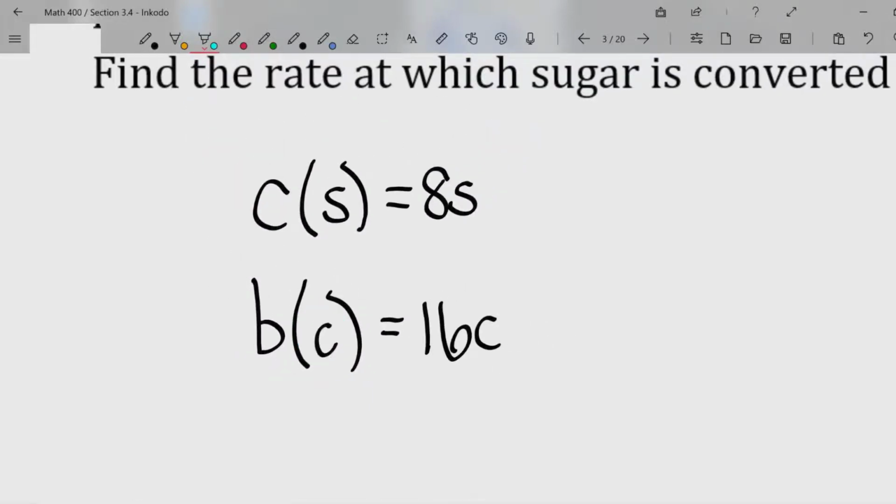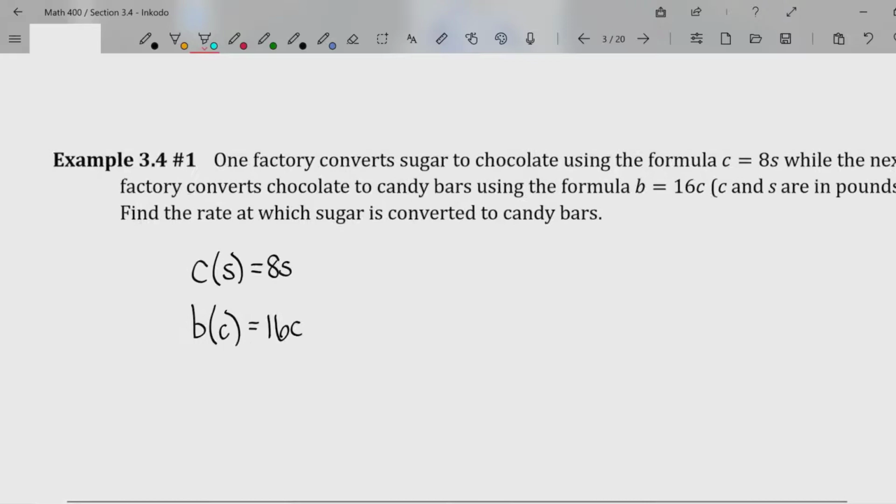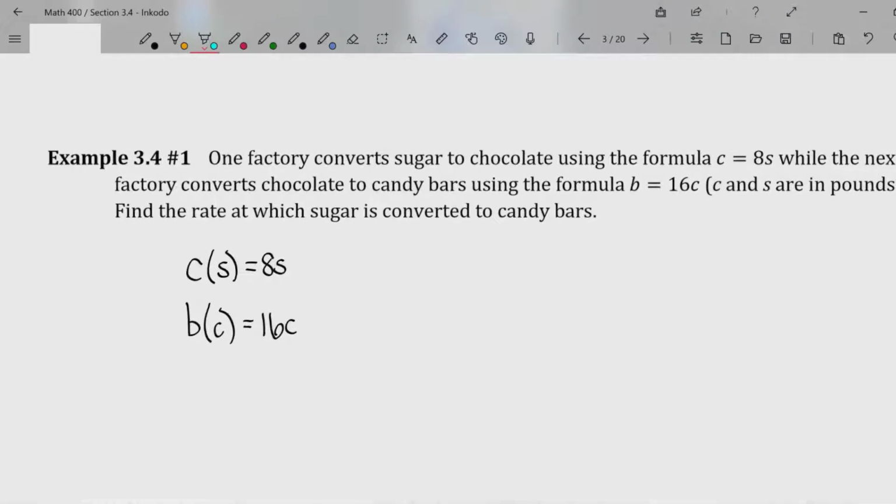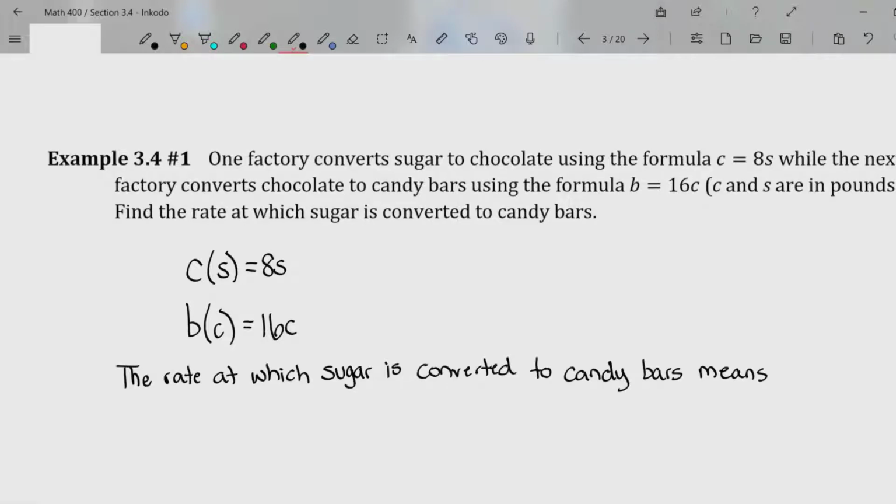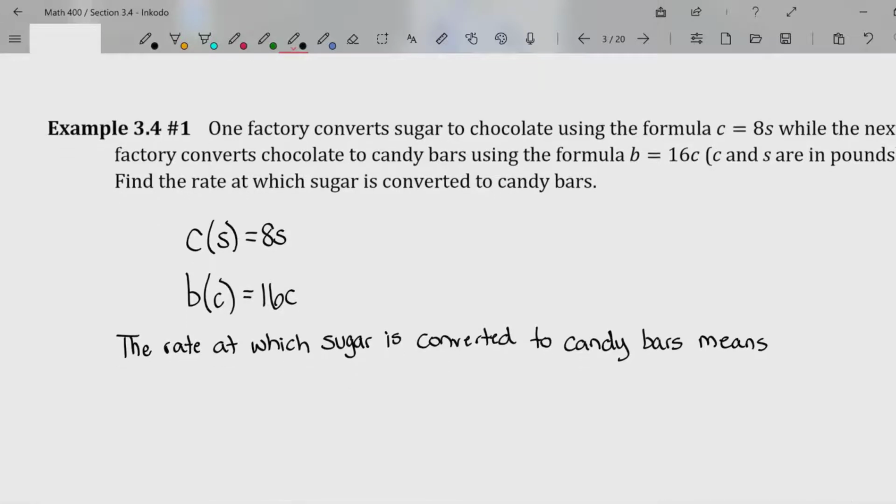So I could do that. But let's see what they're asking within this problem. Find the rate at which sugar is converted to candy bars. Well, this will help if I reword this problem a little bit. So let me go ahead and write out what I'm going to interpret this as. The rate at which sugar is converted to candy bars means we want the derivative of S with respect to B, the rate of change of sugar with respect to how we're changing the number of candy bars.